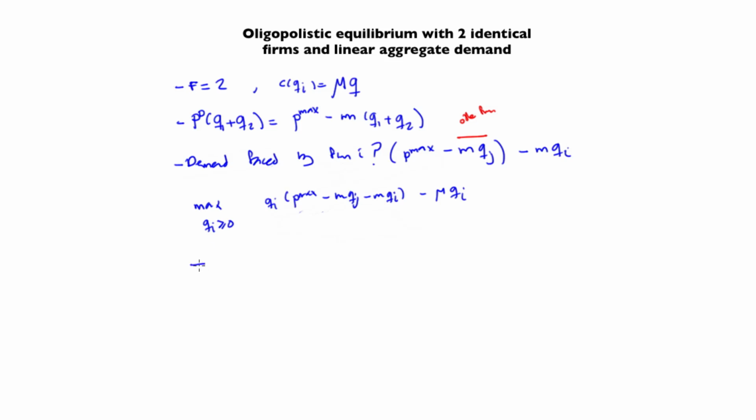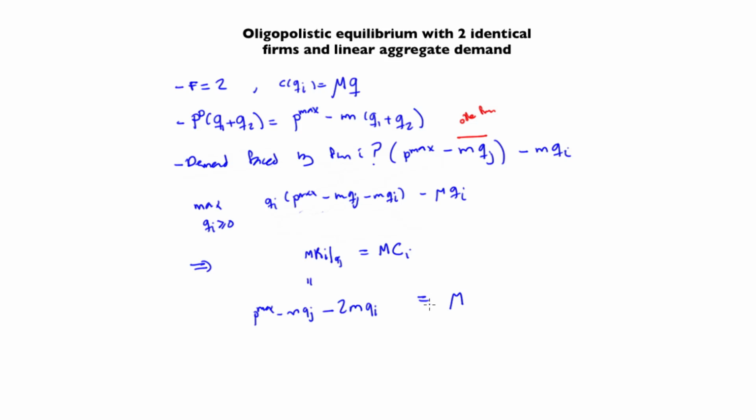We know that that problem is going to have marginal revenue for i given Qj equal to marginal cost for i. And this is going to be equal to P max minus MQj, that's the intercept that firm i is facing, minus 2MQi equals mu.